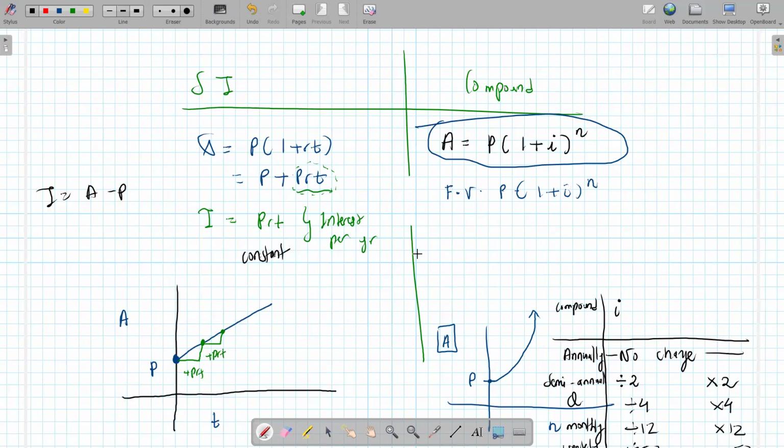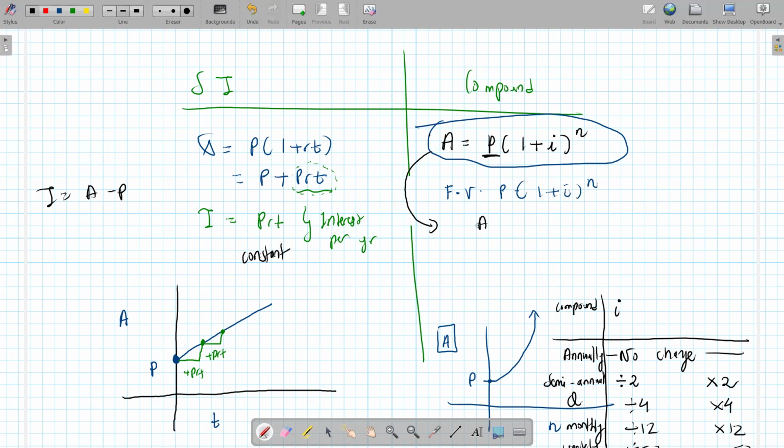Now you can get an expression for present value as well. Present value means the P here. How do we solve this expression for P? You want to divide both sides, right?